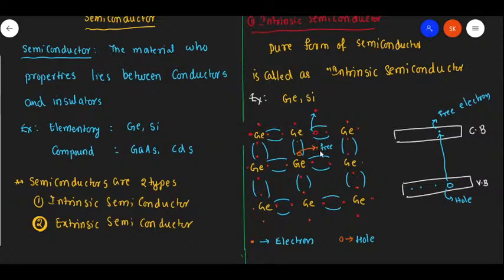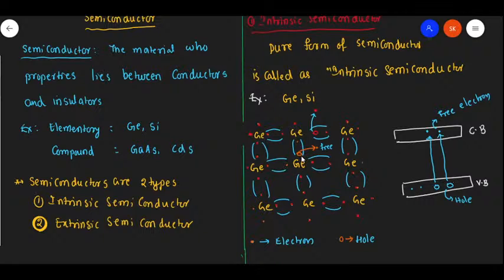If one more electron jumps from the valency band to the conduction band, that means the bond breaks, then one more free electron is generated and one more vacancy is created. However many free electrons are generated, that many holes are generated. That means in an intrinsic semiconductor, the number of holes equals the number of electrons.